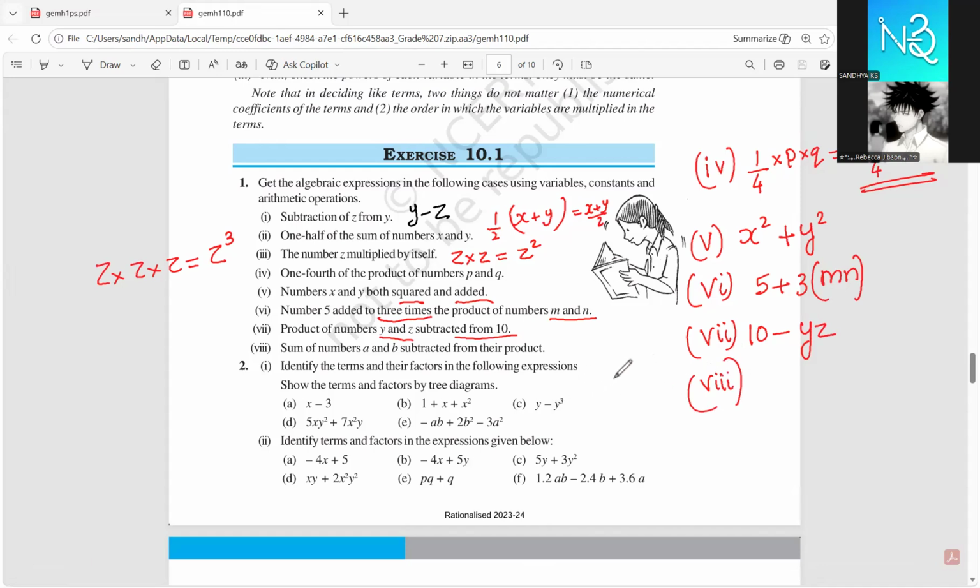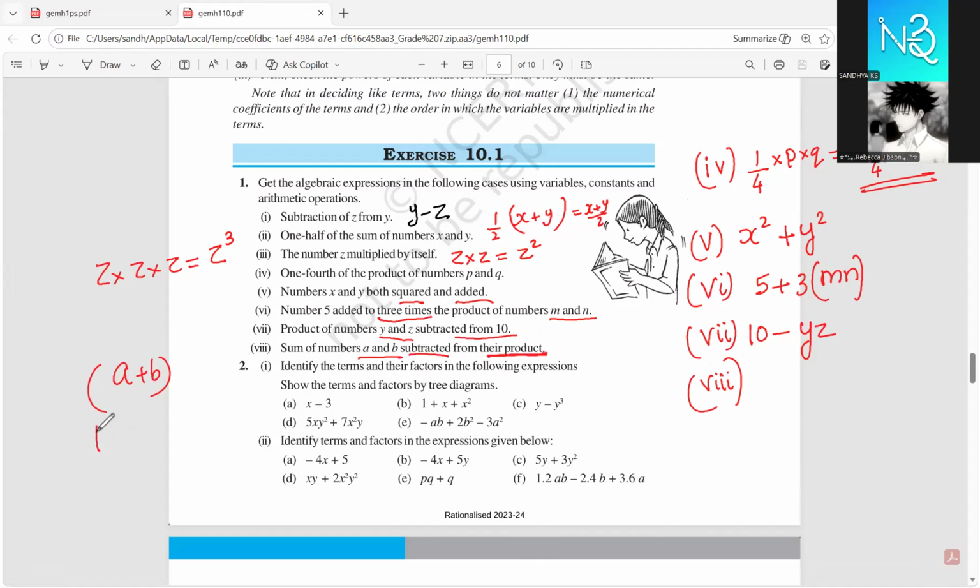Sum of numbers a and b subtracted from their product. A plus b. I think it's a plus b. Sum of numbers a and b means a plus b, you are right, correct. But they told subtracted from their product.